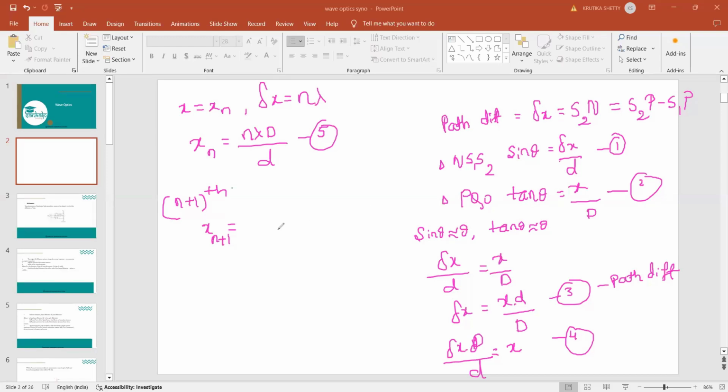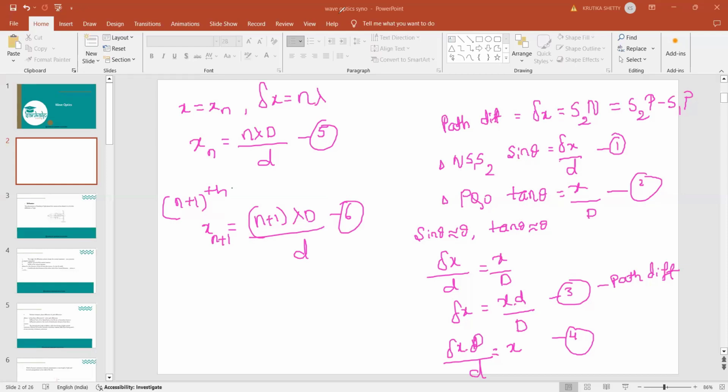So substitute here, this becomes n plus 1 lambda into d divided by capital D. This is our equation 6. Okay. So last, fringe width.